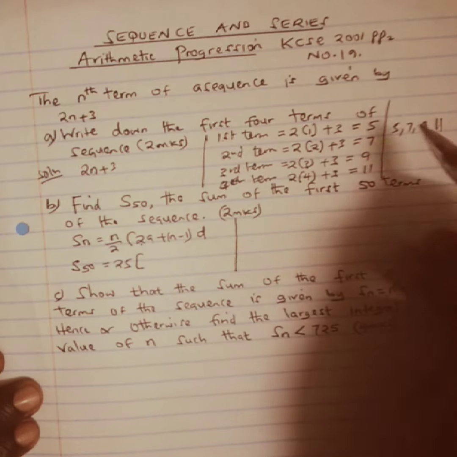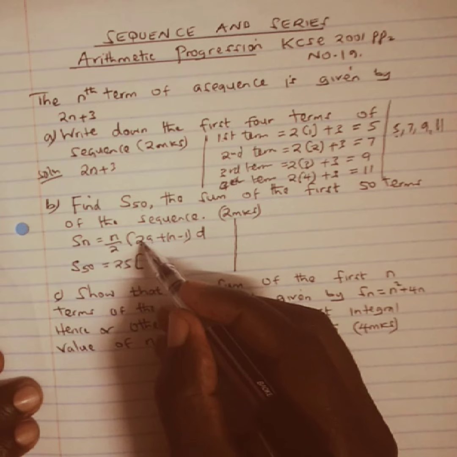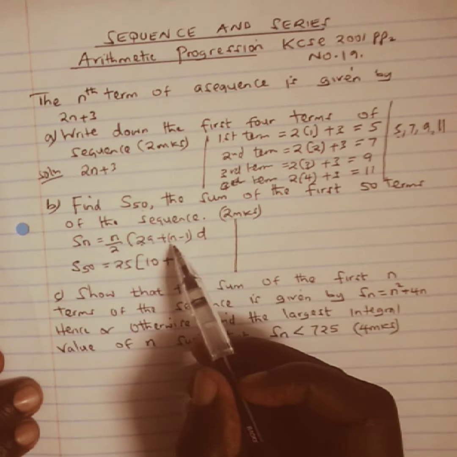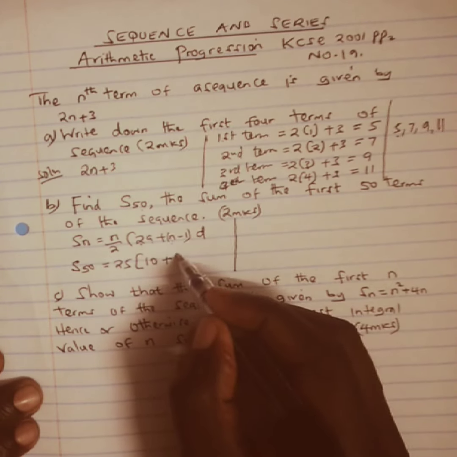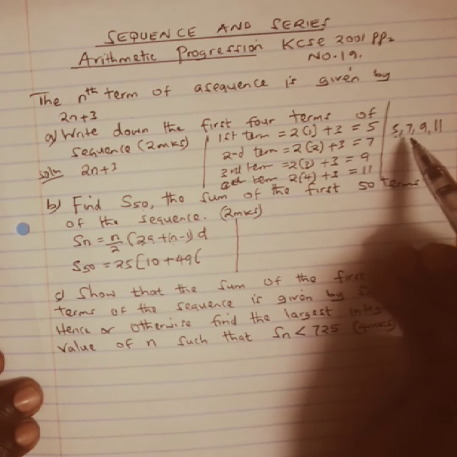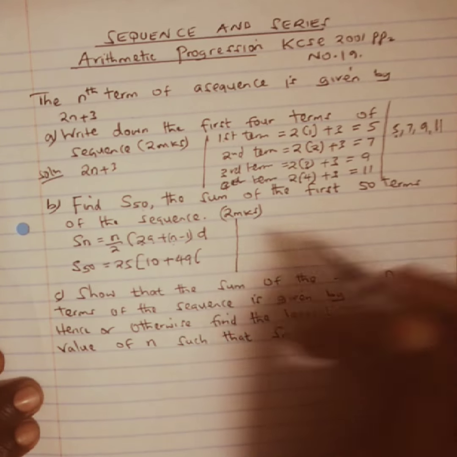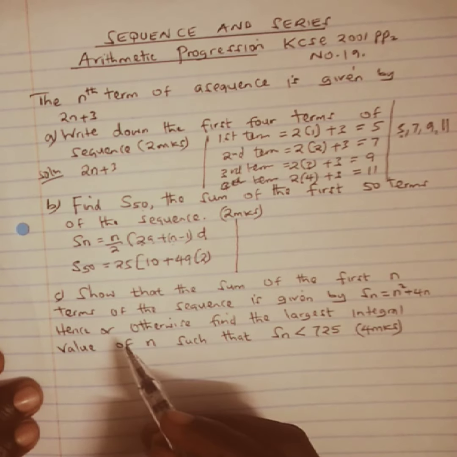We know the first term in this case is 5, that is our a, so we are going to have 2 times 5, which is 10, plus we have n as 50, so 50 minus 1, you get 49. We multiply by the common difference, that is between 5 and 7, or 7 and 9, or 9 and 11, the difference is 2, and that is our common difference.